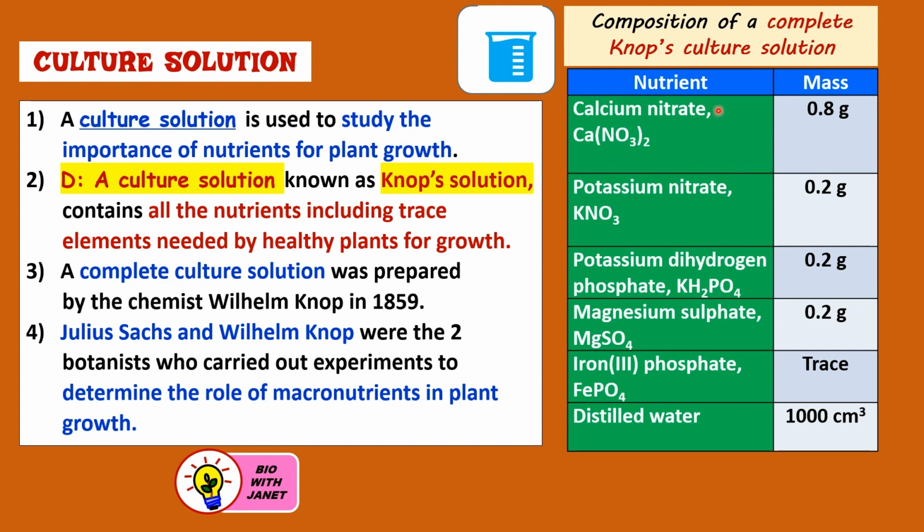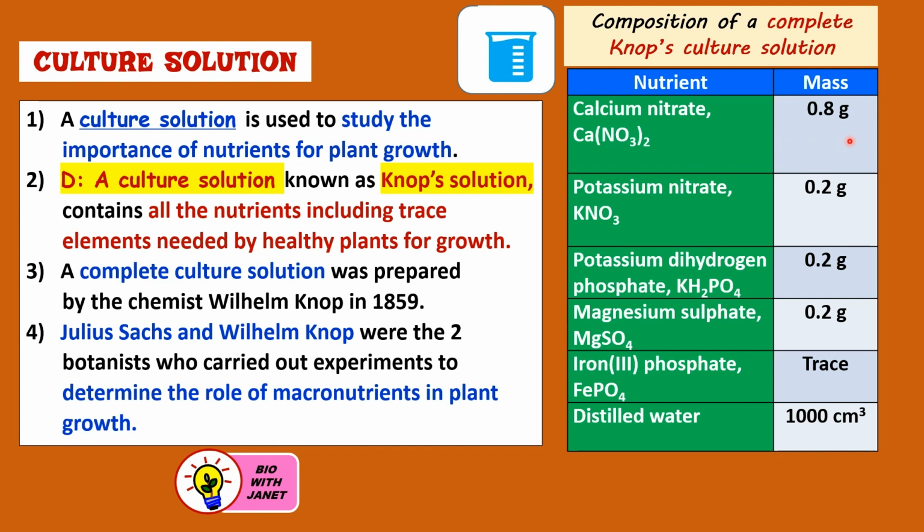Now let's have a look at the nutrients that are dissolved in the Knop's culture solution. Okay, so in 1000 cm³ of distilled water, or 1 liter of distilled water, we can dissolve all these chemicals to produce a complete Knop's culture solution. Okay, the first nutrient is calcium nitrate, Ca(NO3)2.